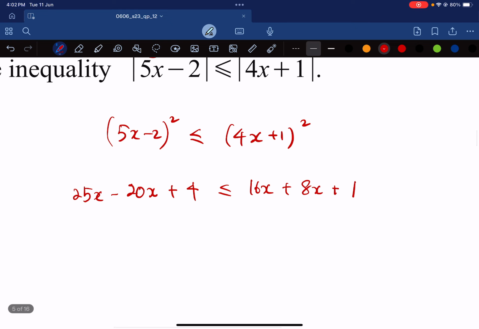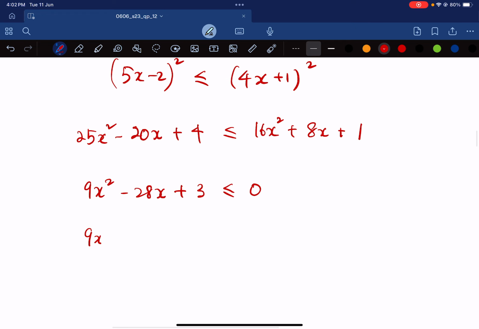Put all the terms on the left hand side so that the other side is 0. We have 9x squared minus 28x plus 3 less than or equal to 0.